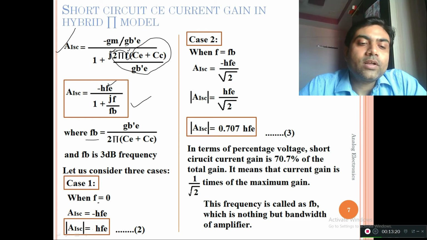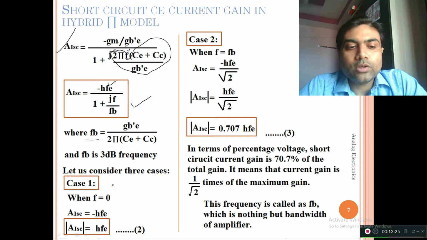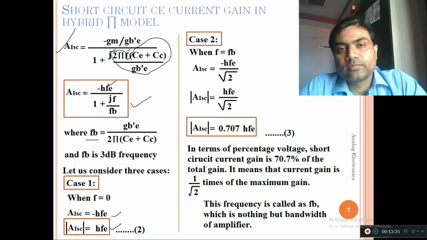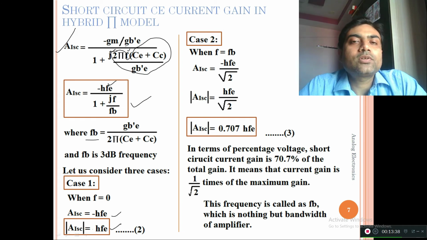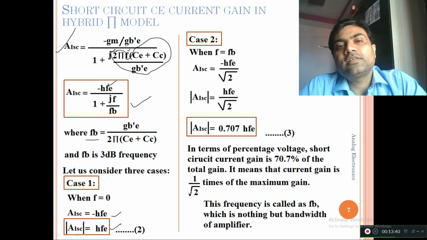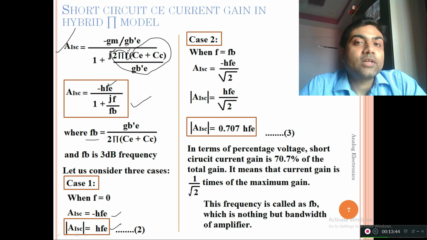Case 1: when f equals 0. When f equals 0, obviously A_ISC becomes minus h_FE, and if you want the positive gain, you just apply the mod. So mod of A_ISC is nothing but h_FE. So if you make the frequency equal to 0, the short circuit current gain comes out to be h_FE.